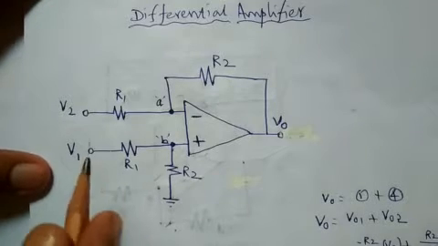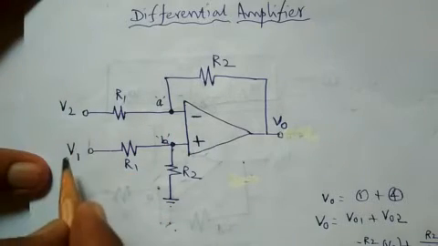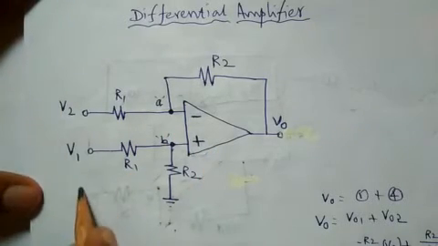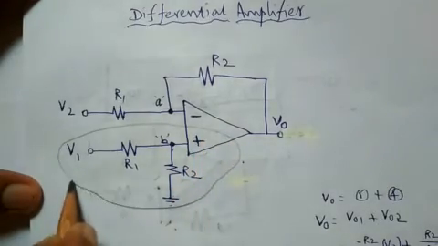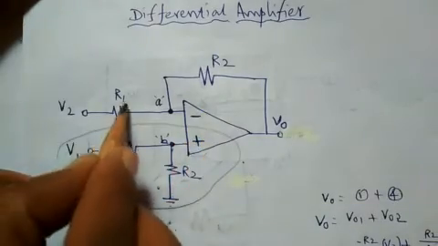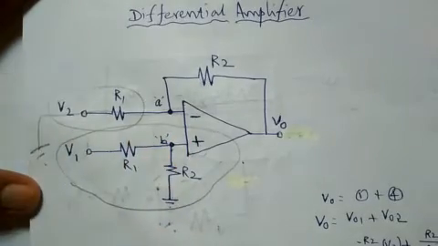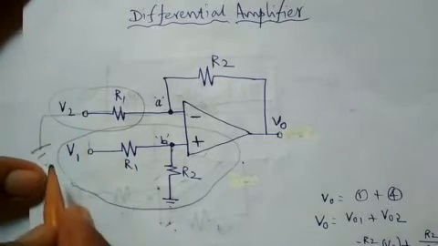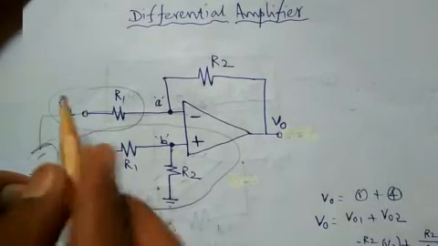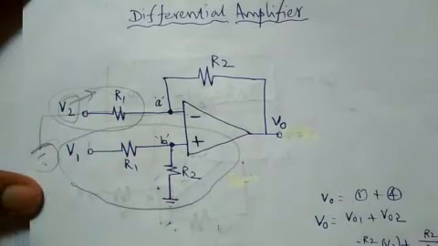Similarly, for the next step, we consider this differential amplifier as a pure non-inverting amplifier. So we keep the non-inverting terminal components as they are and ground the inverting terminal, and consider that no V2 is given to the inverting terminal.